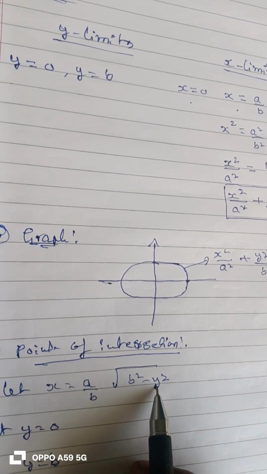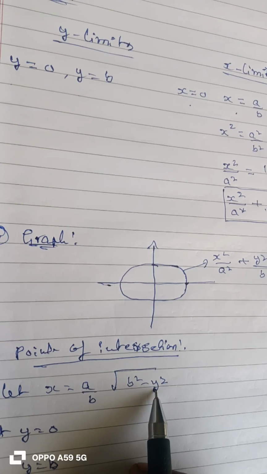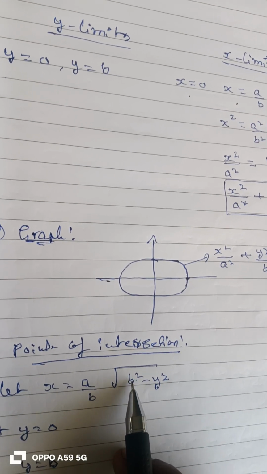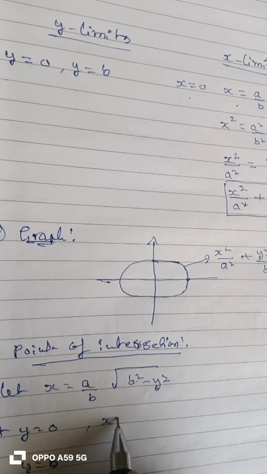If y is equal to 0, b square it will be there, so x is equal to a.